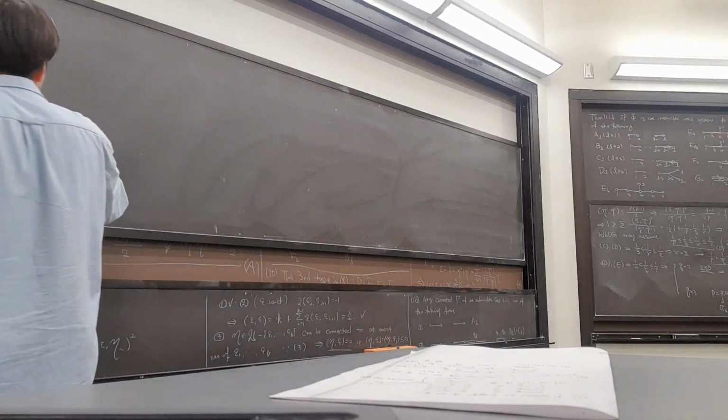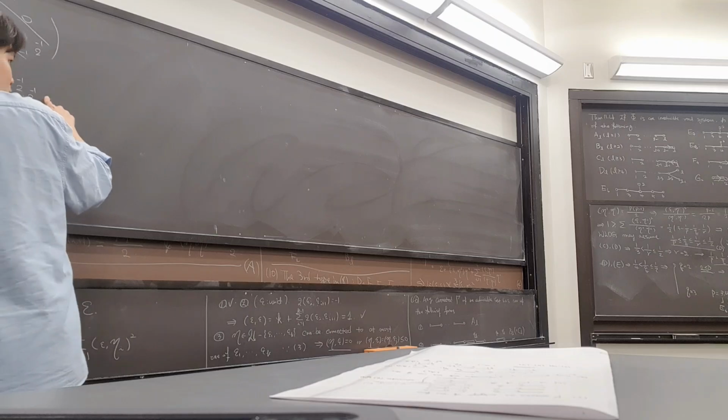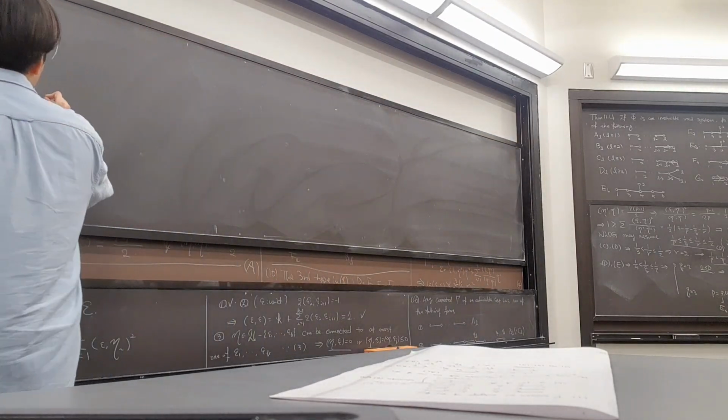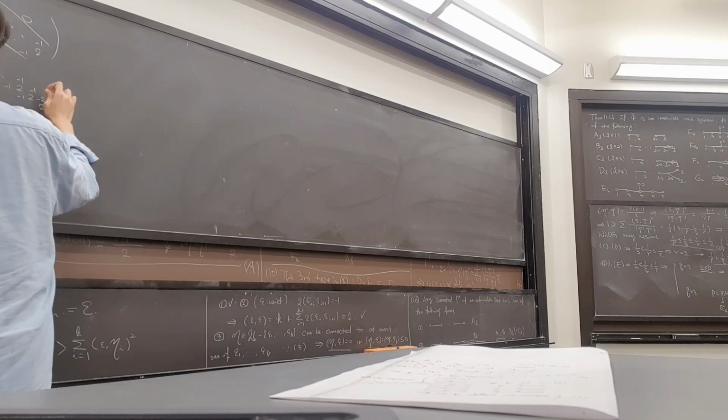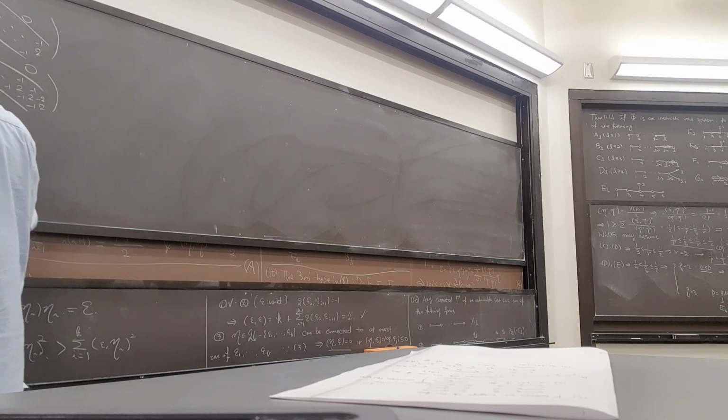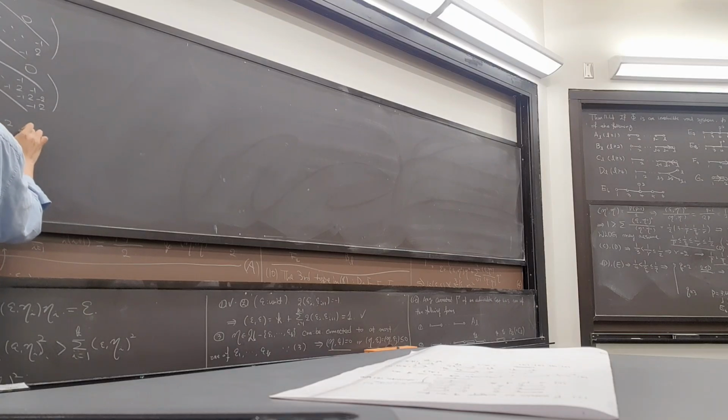So the product of these two positions is -2, but the last one is the shorter one. So this is bigger. Absolute value is bigger. So we can get this Cartan matrix. And the CL case is very similar. Two. We can change the -2 to -1, right?